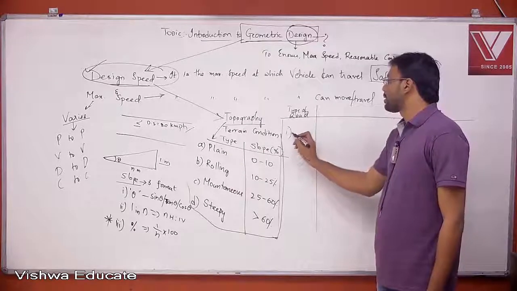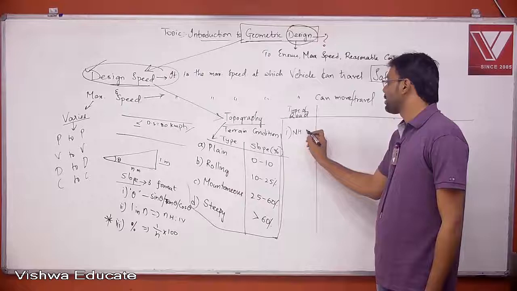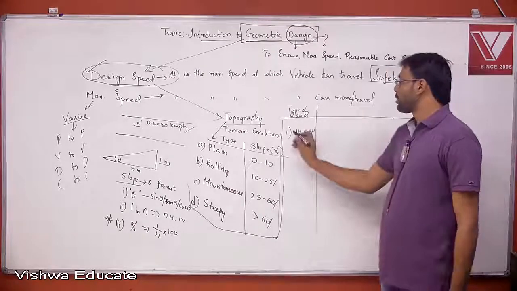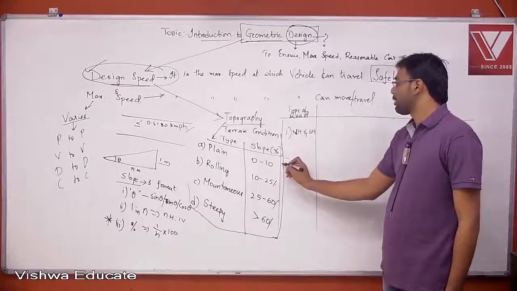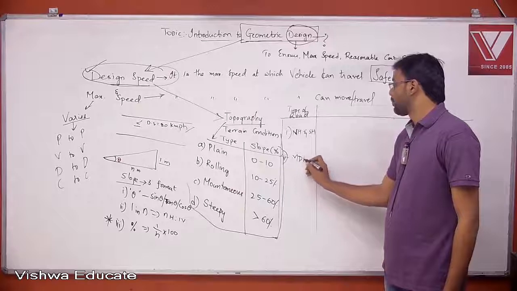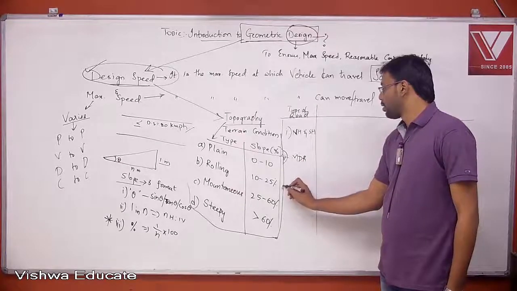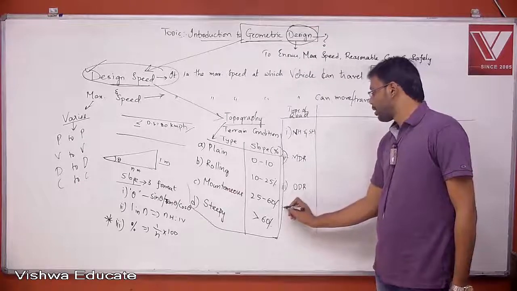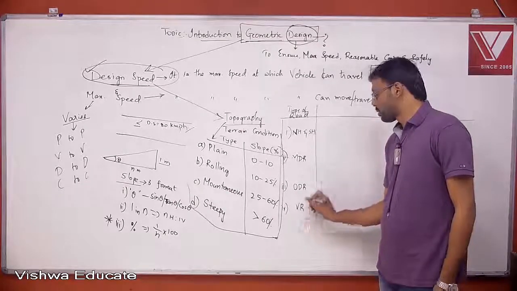As I said, both national highways and state highways come under one category. So I've mentioned them together as national highways and state highway, MDR, ODR, and village roads, right?